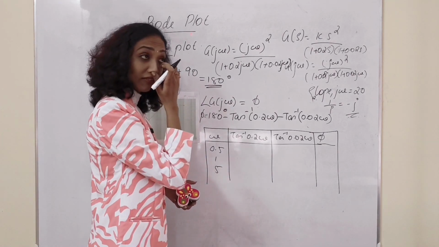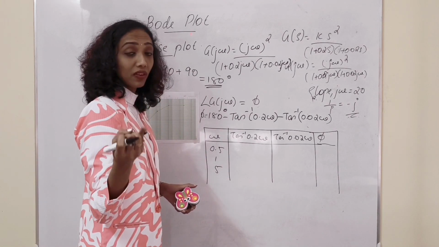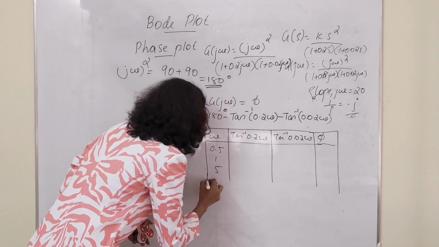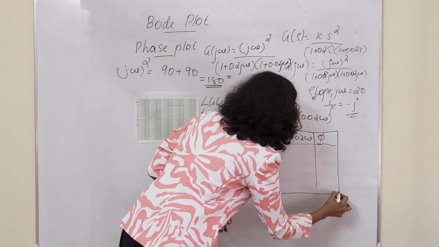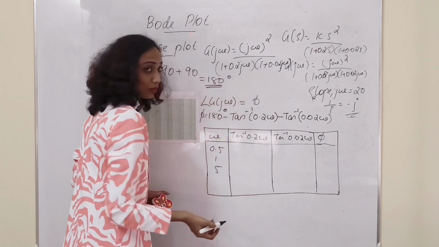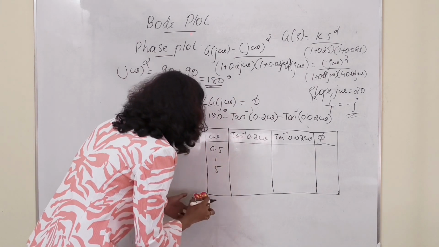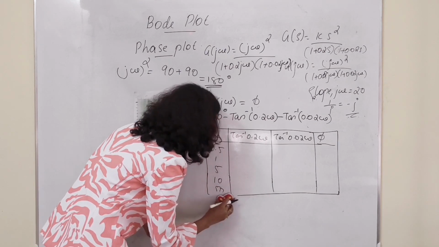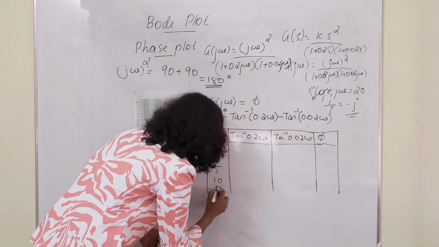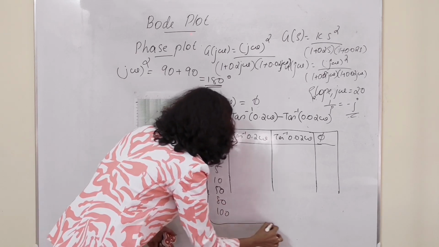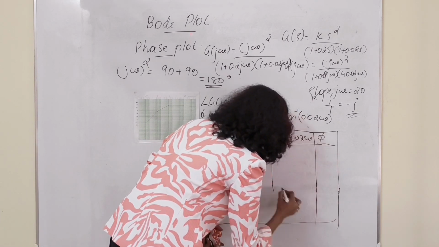Don't forget to write the values of corner frequencies omega c1, omega c2, omega L, and omega H. You also choose some values in between: 1, 5, 10, 50, 80, 100.